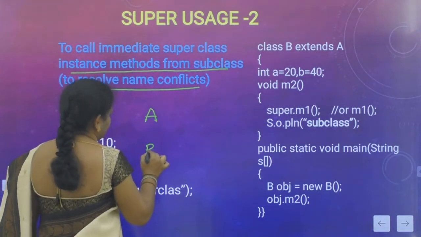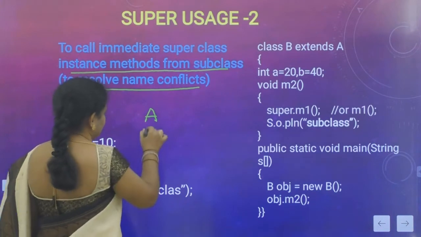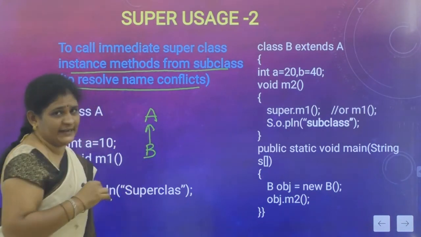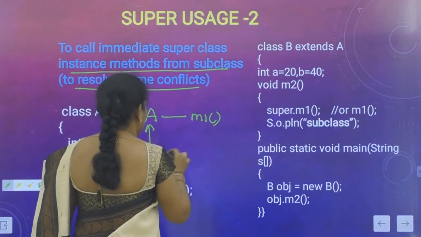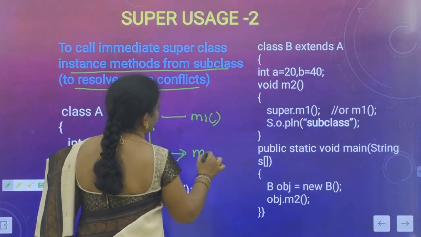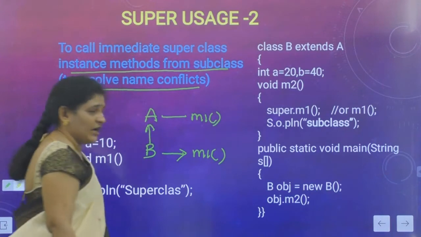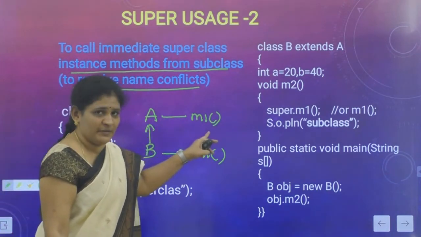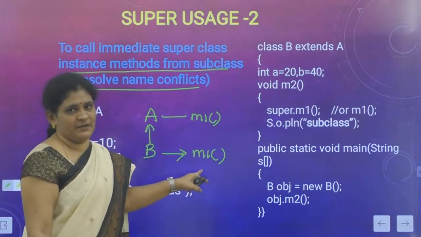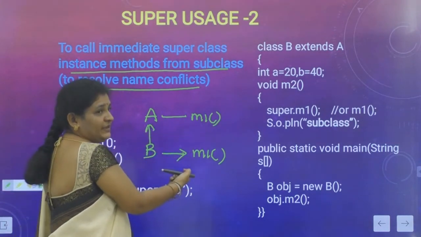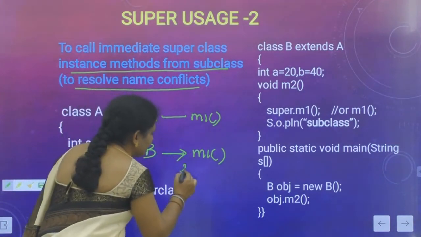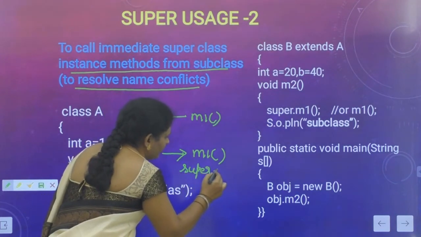A and B here. Assume A is a class, B is a class. B is inheriting class A properties. A is having a method called M1, and B has overridden that M1 method. Assume A is also having M1 method and B is also having M1 method. Now if I want to access A's M1 method from B, then how can I access? I can simply call it super.M1.